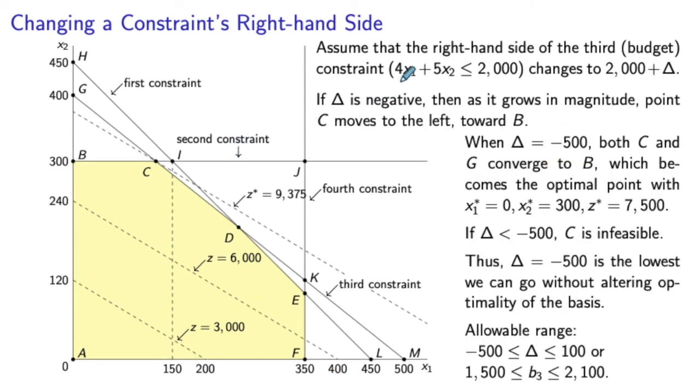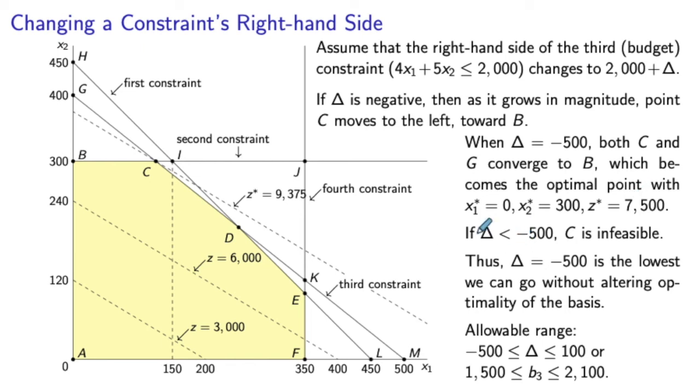So to summarize, when we decrease the value of delta from 0 to a negative value, then C is going to move to the left towards B, and when delta is equal to negative 500, then both C and G, which is on the intersection of the line corresponding to x1 equal to 0 and the third constraint, both of these points are going to converge towards the point B. And at that point, x1 star is equal to 0, x2 star is equal to 300, so that's your new optimal solution, and z star is equal to 7500.